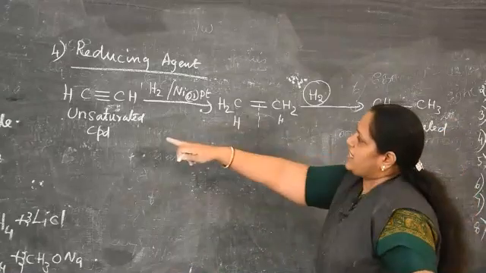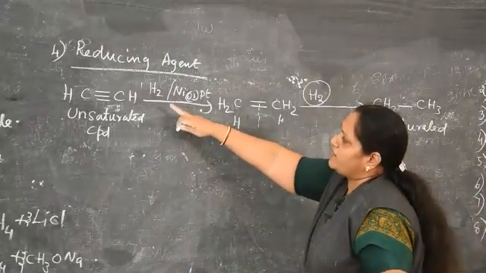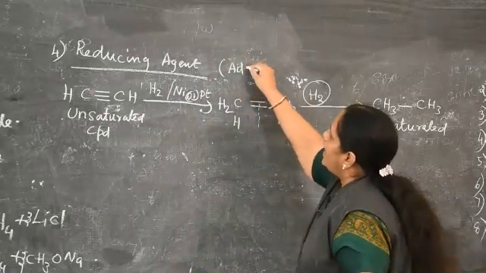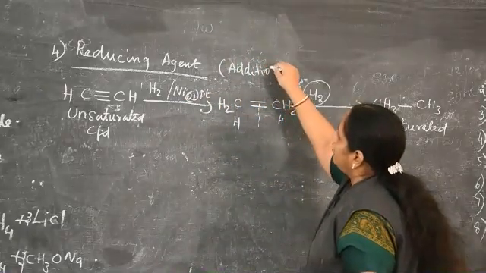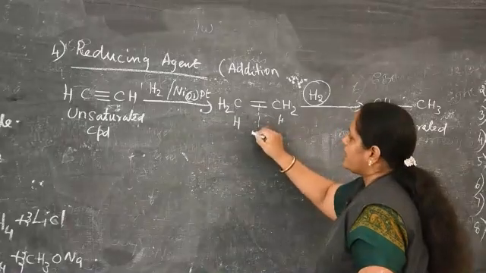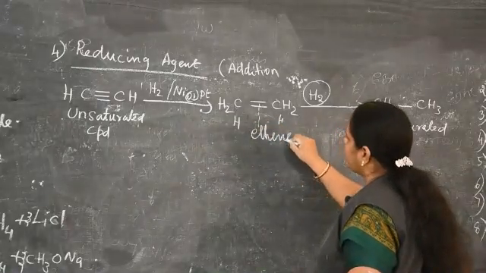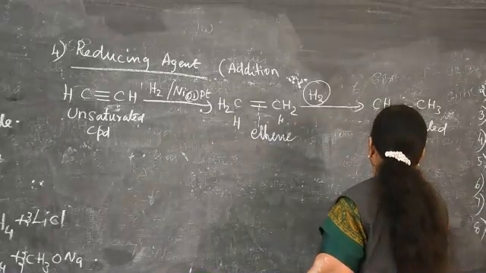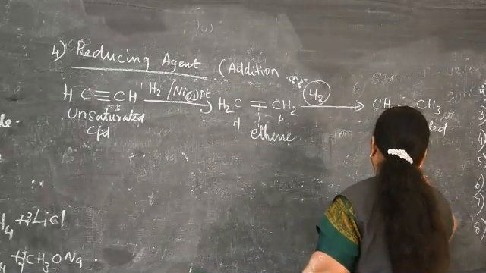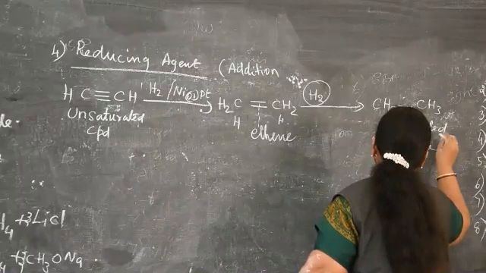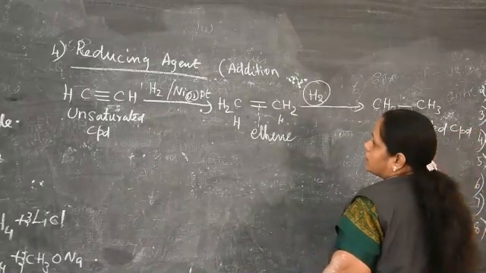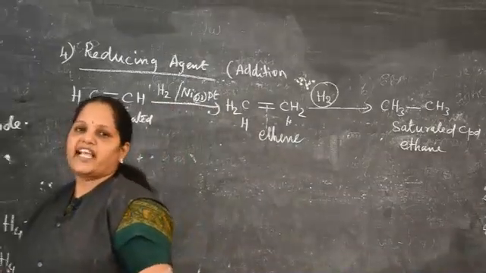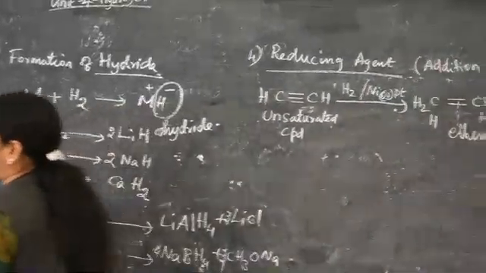So acetylene reacts with hydrogen, and the type of reaction it undergoes is called an addition reaction. It forms the unsaturated compound ethene. Further addition of hydrogen to ethene converts it into ethane, a saturated compound. So these are the important properties of hydrogen. Next we move to the uses of hydrogen.